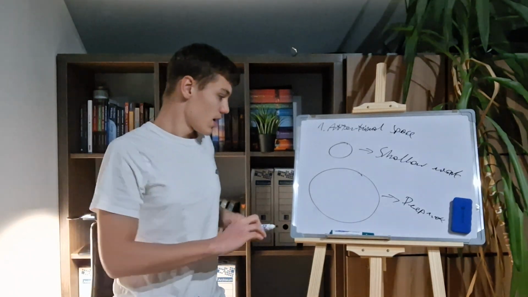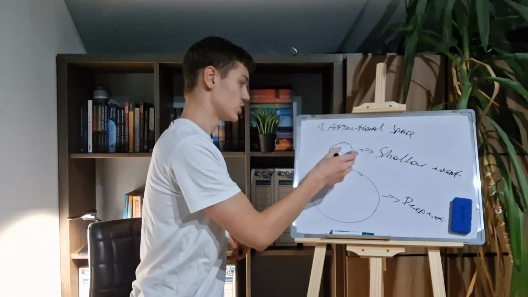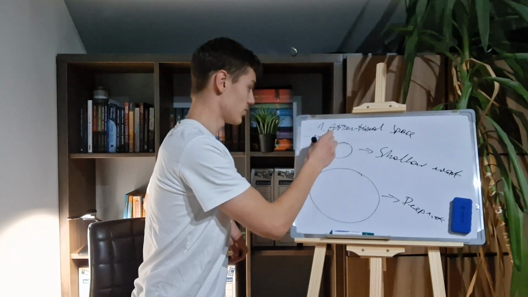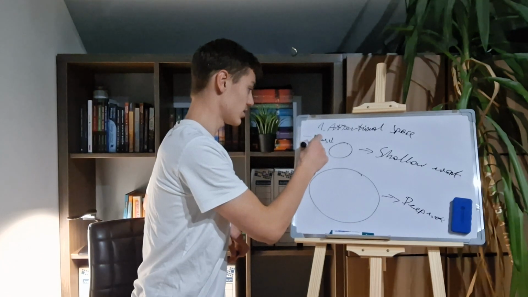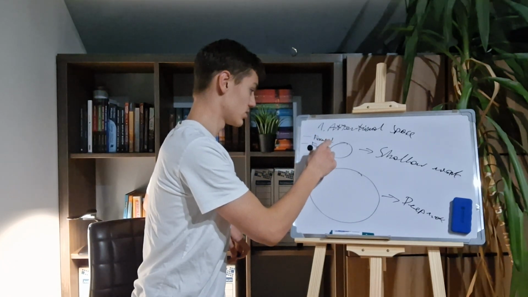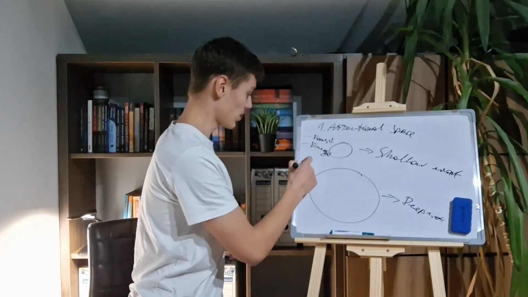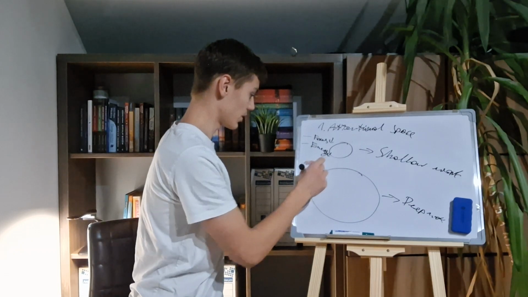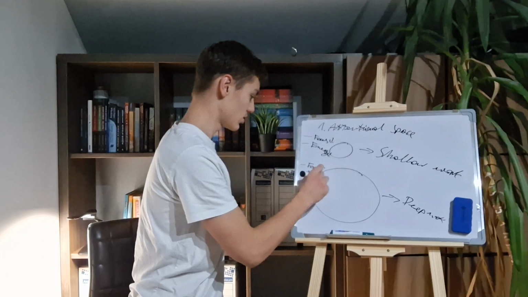Well, if we accumulate this, we can see that shallow work requires less focus, so focus arrow down, but it also consumes less energy, right? And deep work requires more focus, going up, and more energy, right?